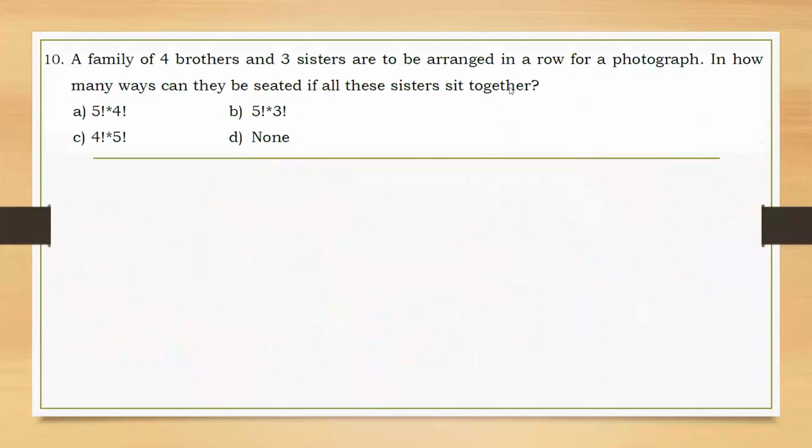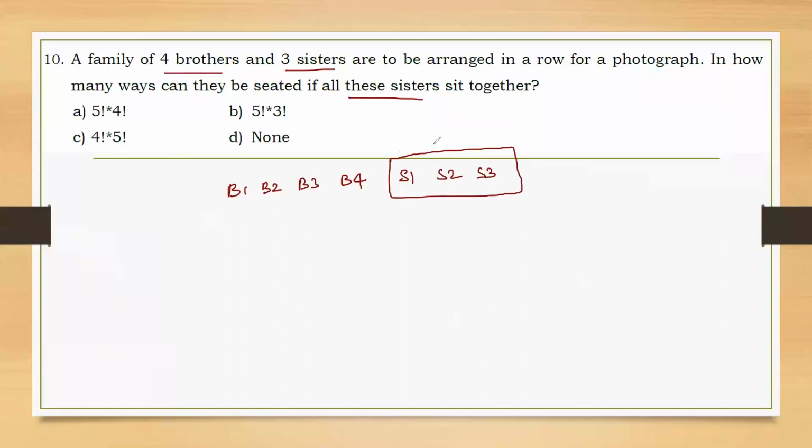Instead of vowels, we have all the sisters together. We have 4 brothers, B1, B2, B3, B4, and 3 sisters. All sisters sit together, so consider them as a single unit. So we have 1, 2, 3, 4, and this one 5. Total 5 factorial.